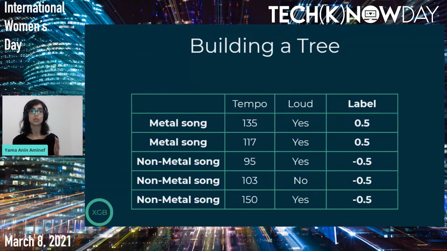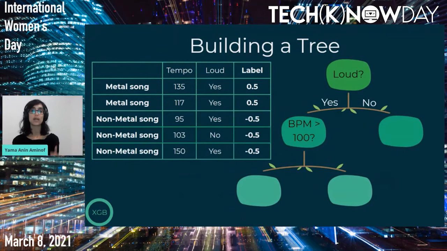So let's get some intuition regarding how to predict the labels now that they're numbers and not classes like we saw before. If we split by loudness, we look at all the songs that are not loud, and the prediction we put in the right leaf is the average label of these songs. In this case, it's one song, and its label is minus 0.5.